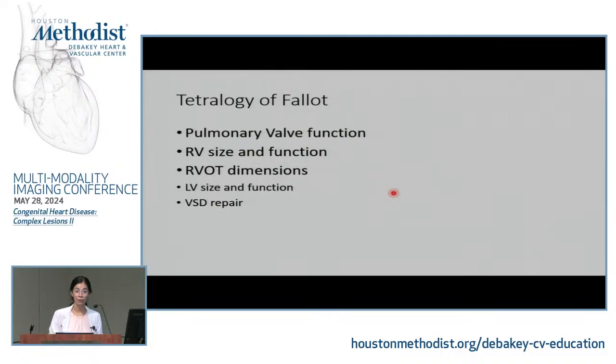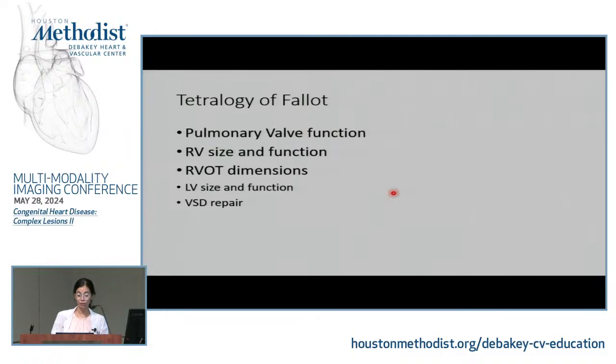The most frequent long-term complication of tetralogy of Fallot is PR, pulmonary regurgitation. Most patients will have significant pulmonary regurgitation and will need a pulmonary valve replacement once, twice, and sometimes more times in their lifetime.